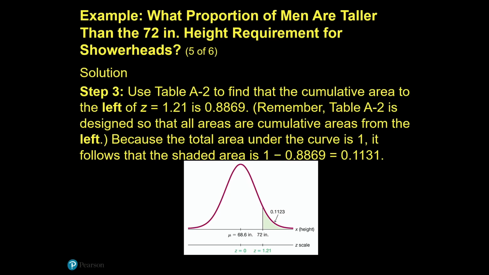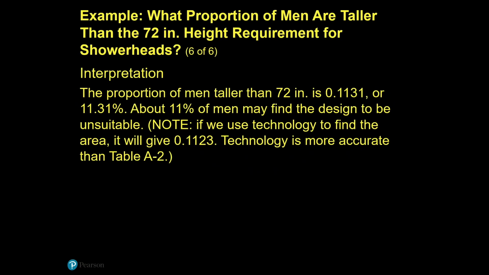However, the only reason I'm going over this part of the slides is they make an interesting point. If you aren't using table A2 and you're using a calculator or computer software to find that area, you might have gotten a slightly different area, which is 0.1123. There's nothing wrong with that. And in fact, 0.1123 is closer to the real value than what we got.